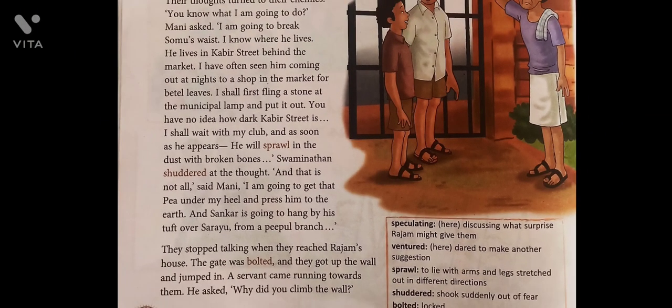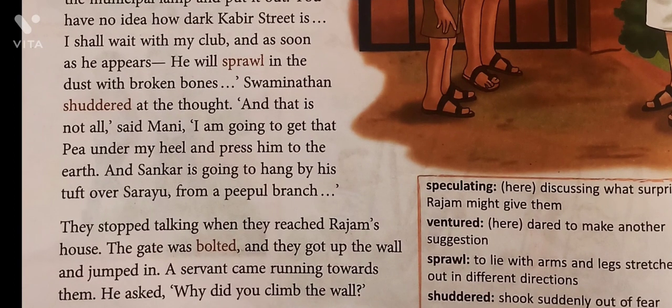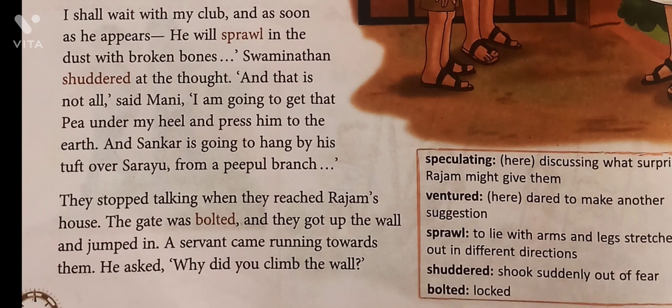Now, as they were talking about the enemies and their thoughts, they reached Rajam's house. They stopped talking when they reached Rajam's house. The gate was bolted, that means locked, and they got up the wall and jumped in. A servant came running towards them.